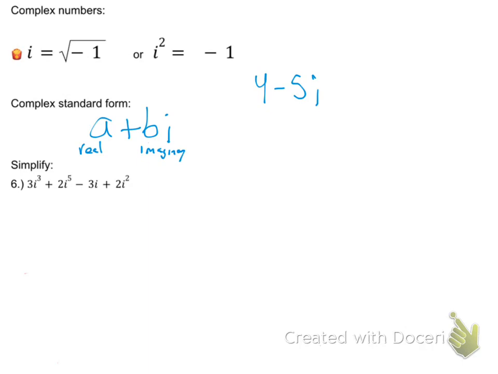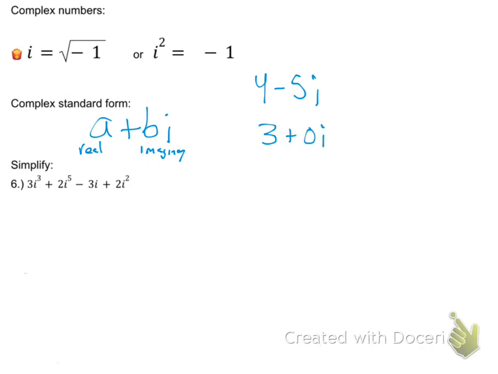What if I told you 3 is also a complex number? Or should I say 3 can be written in complex standard form? How many i's are in 3? Do you see any? No. So therefore, how many of them do you have? 0.